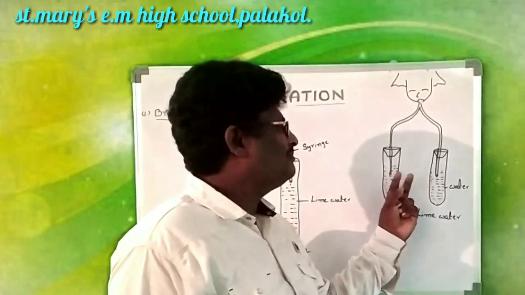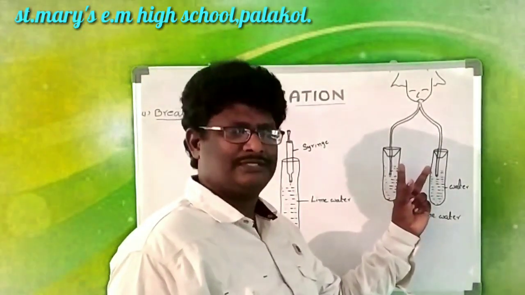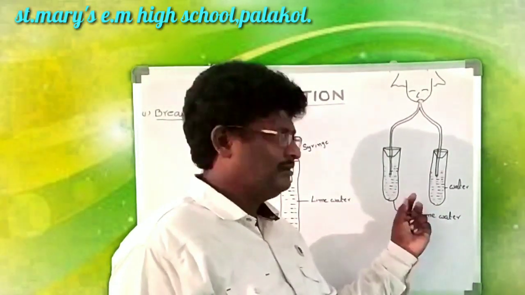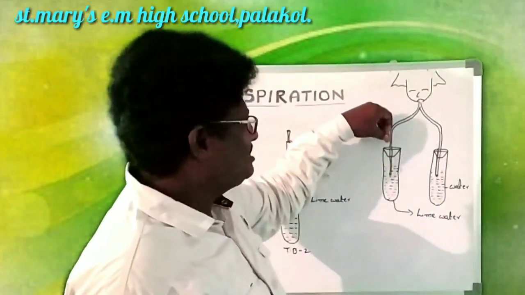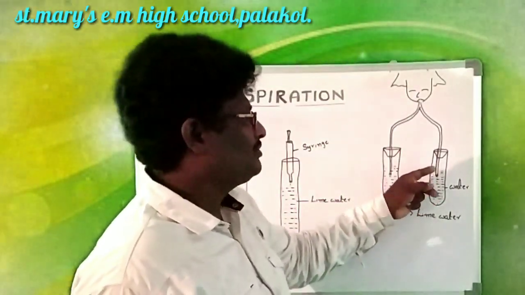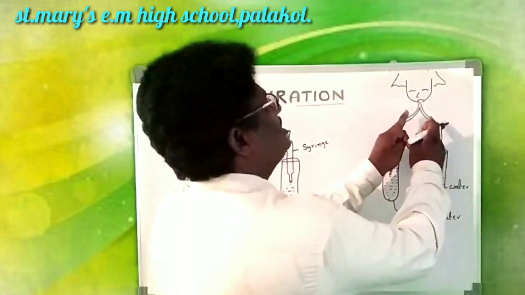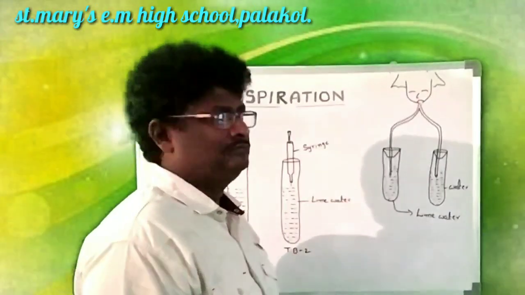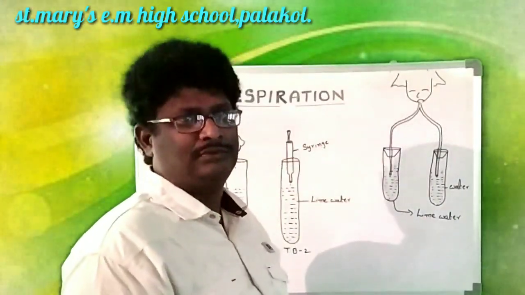In the first test tube we keep one glass tube, and in the second test tube also we keep one more glass tube. These glass tubes are kept in your mouth.